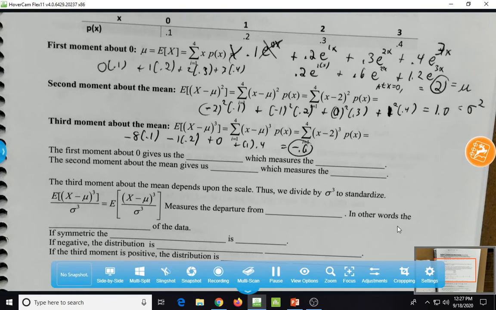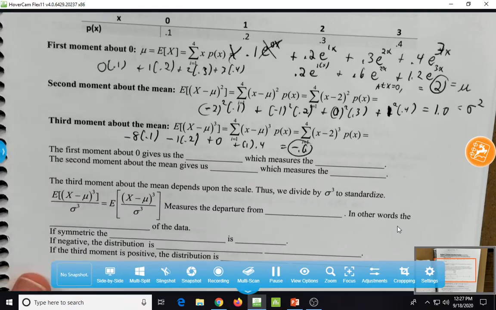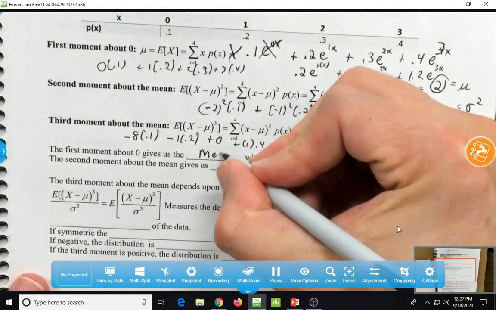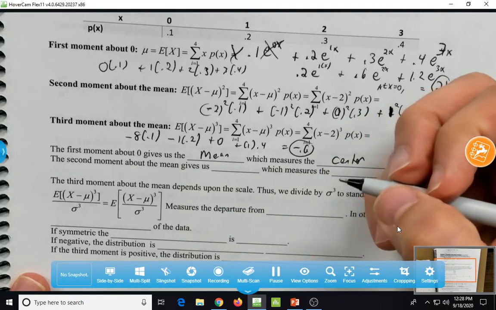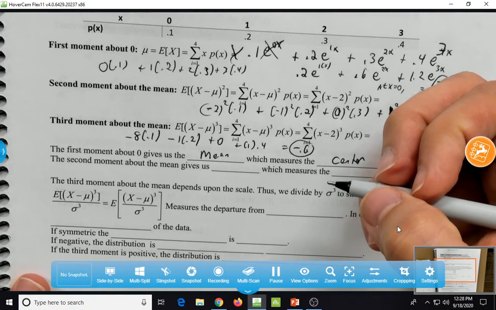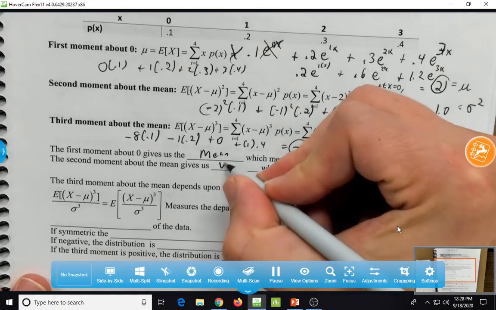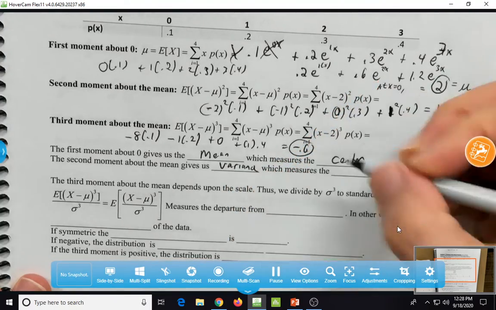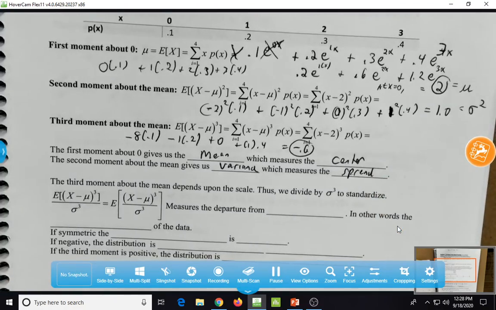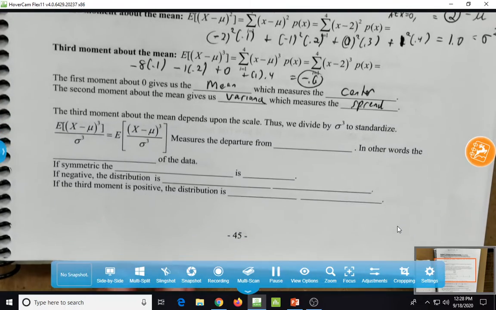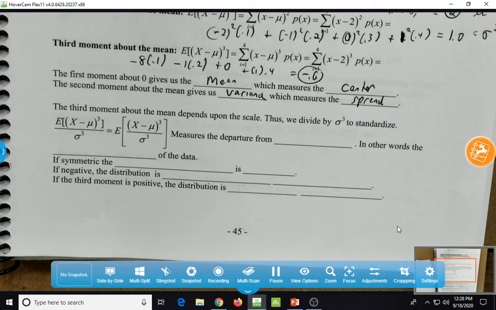So if the first moment about 0 gives us the mean, which measures the center, the second moment about the mean gives us the variance, which measures the spread. The third moment about the mean actually depends upon the scale, so we're going to divide by sigma cubed to standardize.